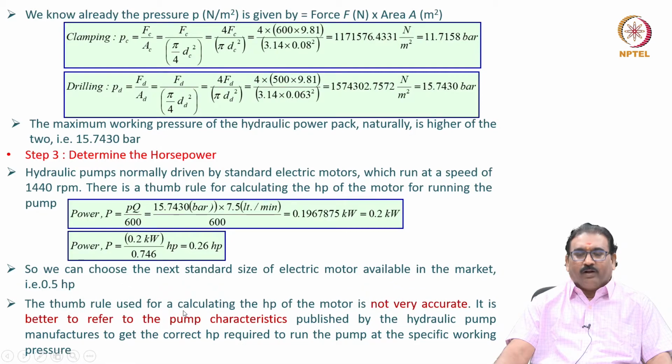The thumb rule for calculating the HP of the motor is not very accurate. It is better to refer to the pump characteristics published by the hydraulic pump manufacturers to get the correct HP required to run the pump at the specific working pressure.